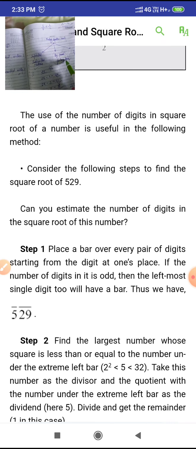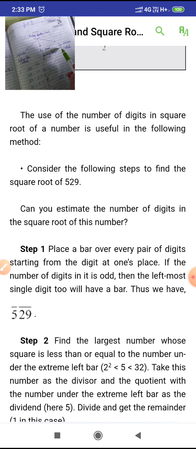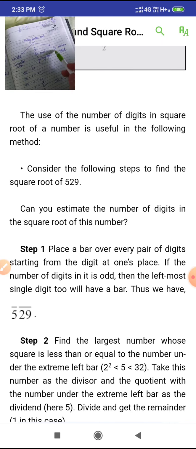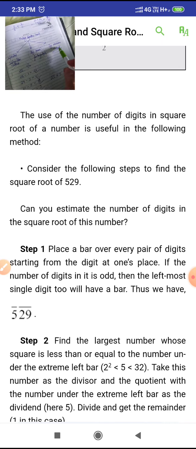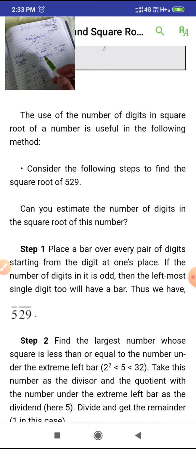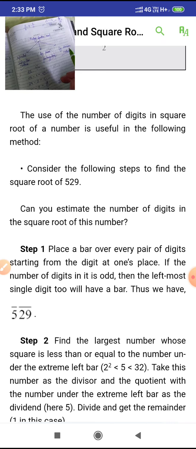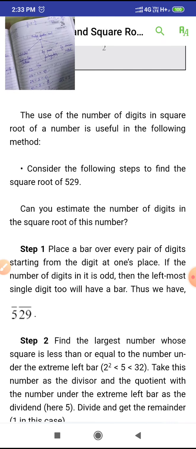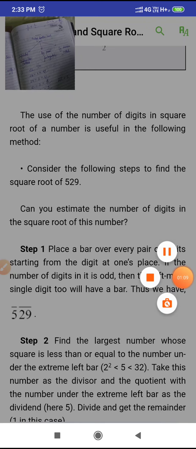You can find the square root of numbers that are perfect squares using them. But by the division method, you can find the square root of any number. So in this video, we will learn how to apply this method to find the square root of any number.